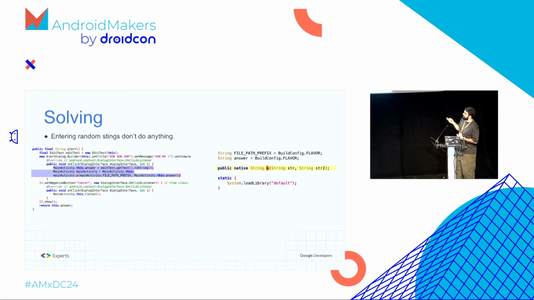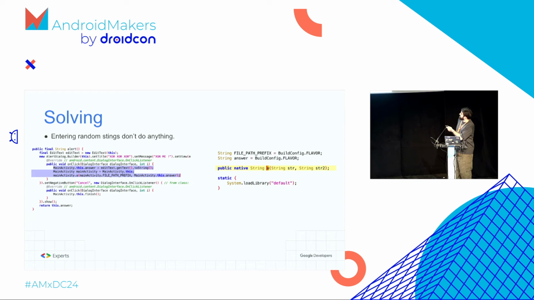So it means that it loads something from the NDK layer, the native layer one level below, as in the image I showed. And in a static block, which executes immediately on class initialization, we have System.loadLibrary with a default string.